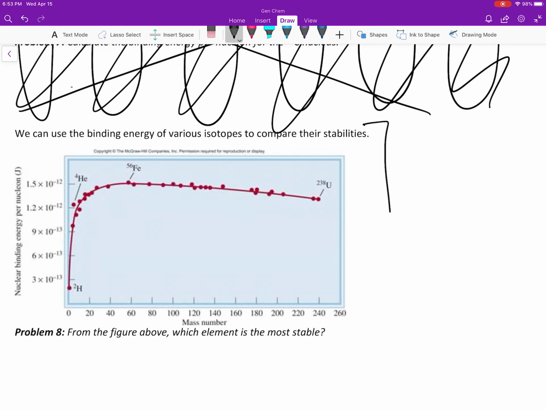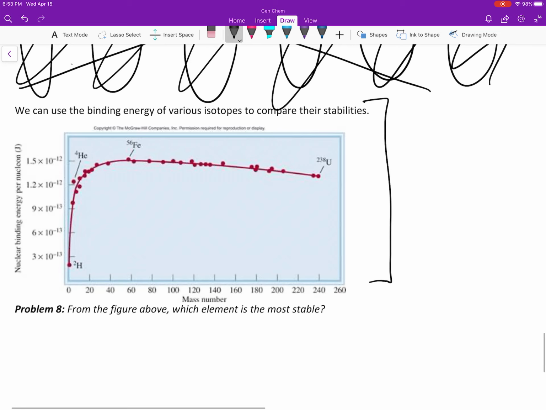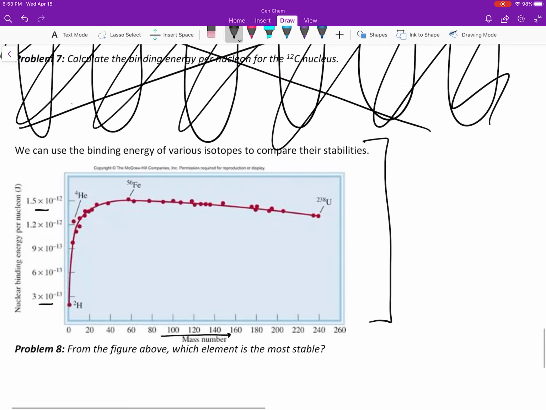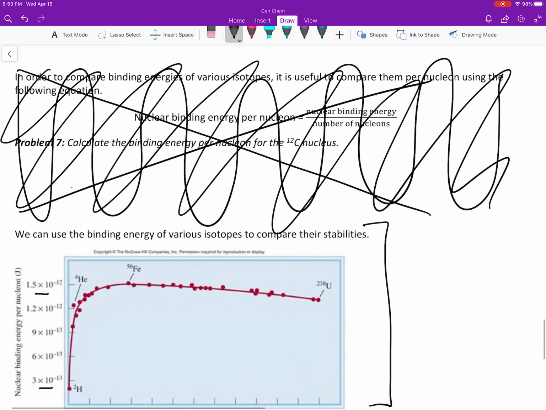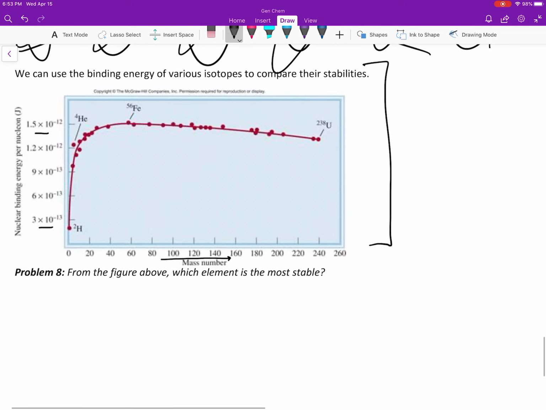What you're more likely to see is something like this figure above, where the nuclear binding energy at one end is a really small number, and the one at the top is a bigger number, and it goes by mass number left to right. The nuclear binding energy per nucleon is what we didn't calculate here.